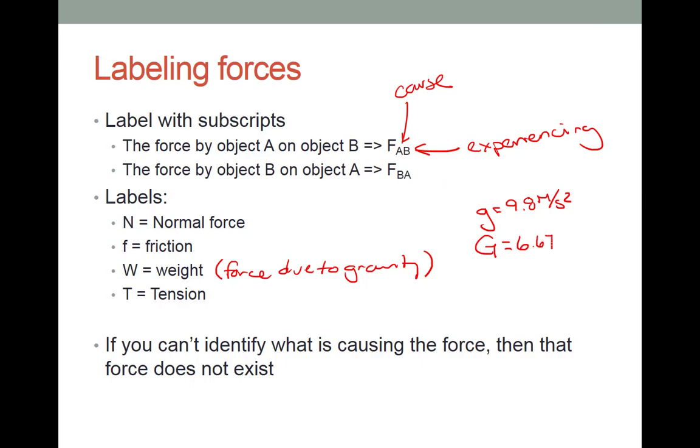And it has this value of 6.67 times 10 to the negative 11 newton meters squared per kilogram squared. No, you do not need to memorize that for this unit. So little g is taken, big G is taken, therefore we went with W for weight. And lastly, T for tension.